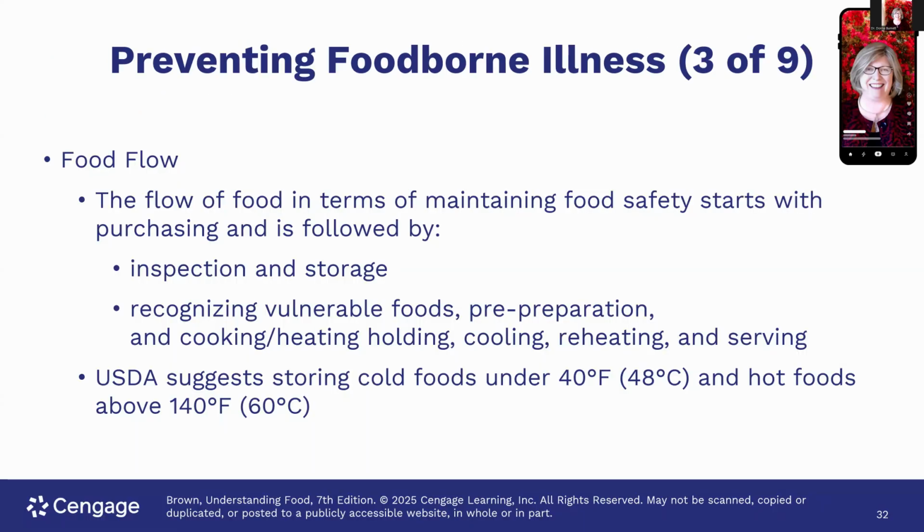Another way you can prevent foodborne illness is by following the flow of food through the facility and ensuring that it's handled properly at each point. It starts with purchasing from safe food suppliers all the way to delivery, inspection, proper storage, and then making sure that foods are stored at the proper temperature, under 40 degrees or over 140 degrees Fahrenheit.